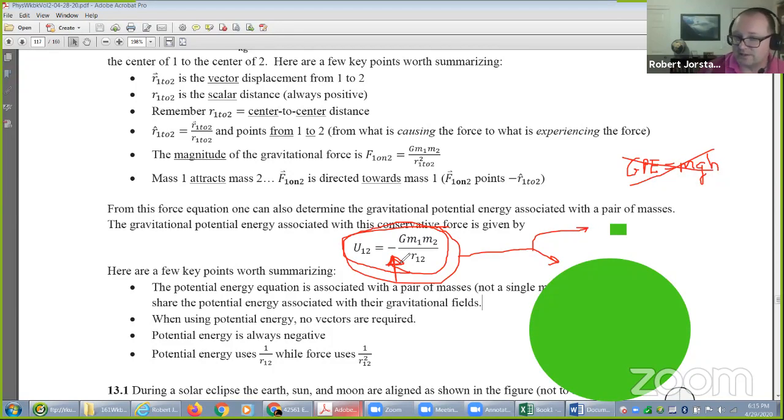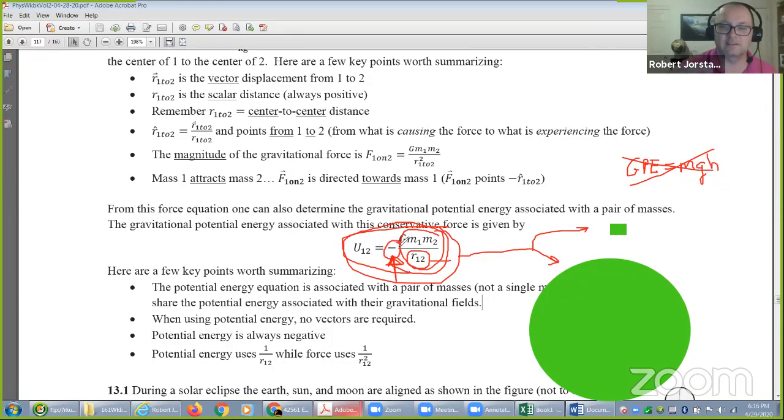Now, check this out. Think carefully. If radius gets bigger, if radius goes up, you get a smaller negative number. That's the same thing as going up in potential energy, right? I'm going to say that again. Again, if you put in a bigger radius, this number gets smaller and you have a smaller negative number.